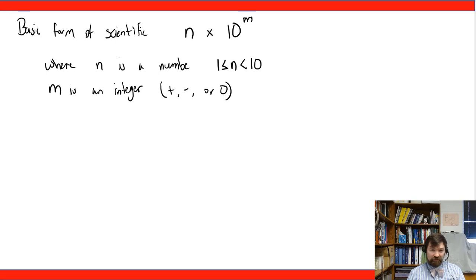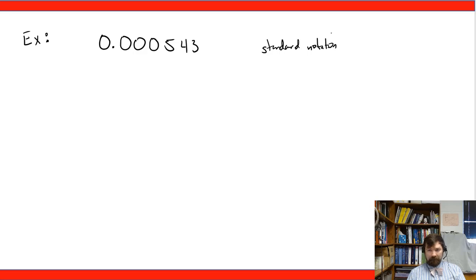So it also works for numbers that are less than 1. So another example, what if I have the number 0.000543, something like that, okay? So this is my standard form. So for scientific notation, what we have to do is begin by looking at what these numbers are.